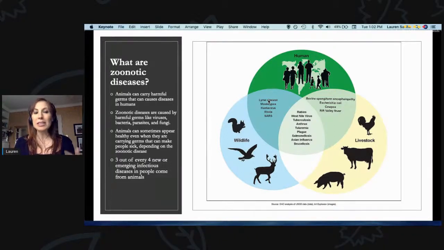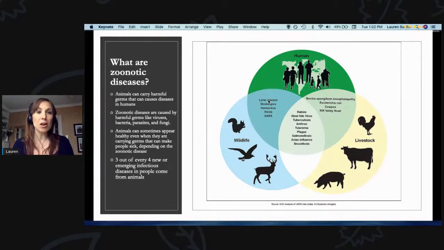And there are very different kinds of zoonotic diseases. There are diseases we can get from wild animals, diseases we can get from livestock, and diseases that can come from both. So in terms of wildlife, some of the most well-known are Lyme disease, which can come from ticks, and Ebola, which comes from our ape relatives, so gorillas and chimpanzees can pass on Ebola.